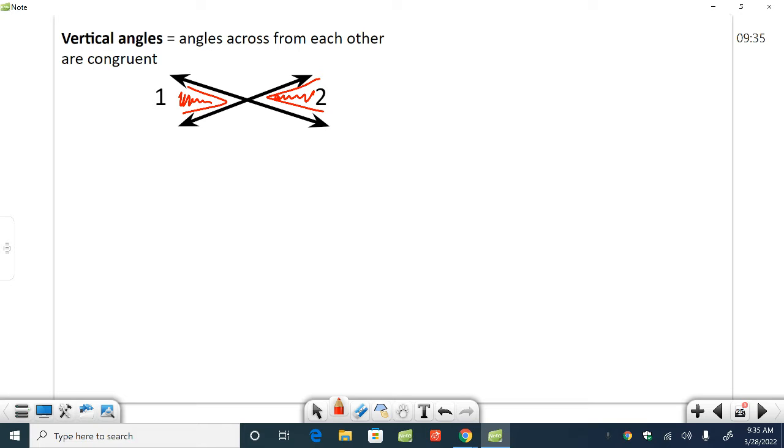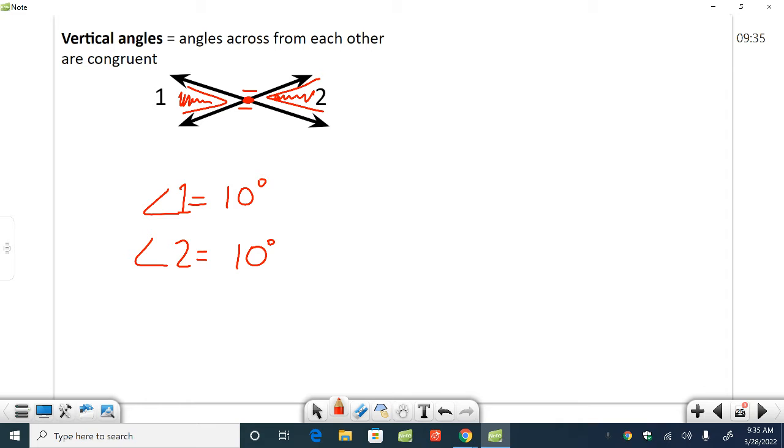If I told you, and I just made up a number, that angle 1 is 10 degrees, what would angle 2's measurement be? 10 degrees, okay? So what I want you to do is the same color on both sides, and then write an equal sign above the middle there, right at that point.